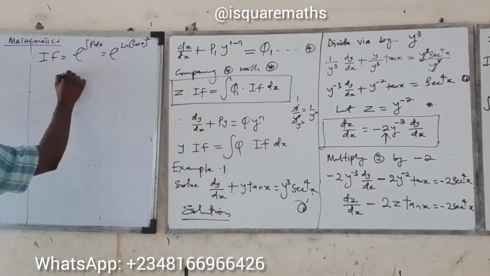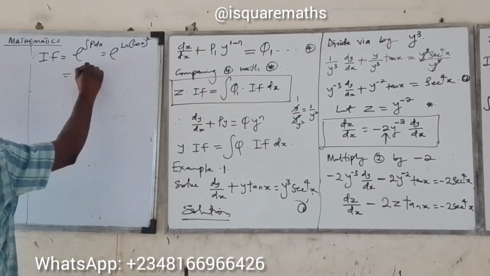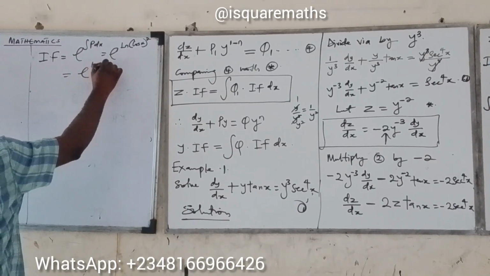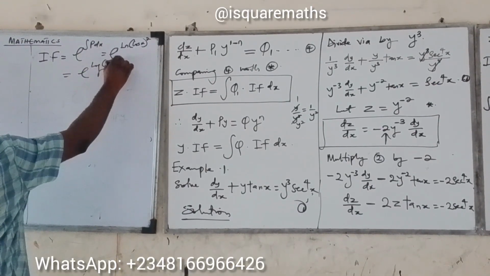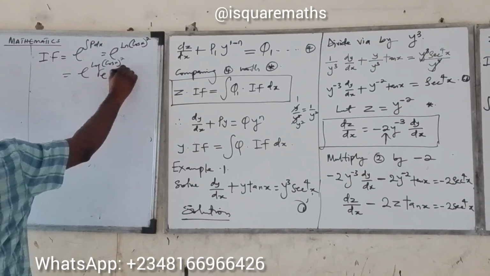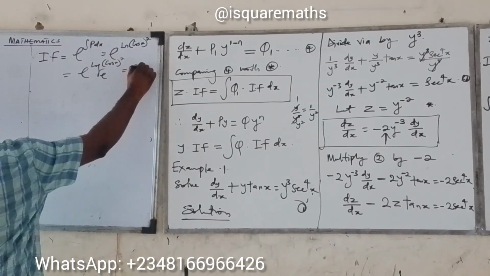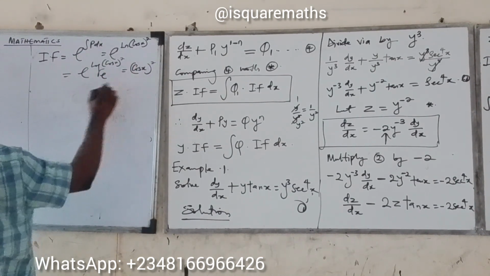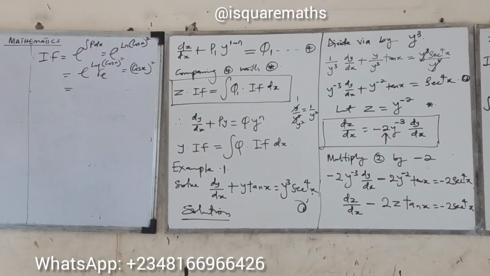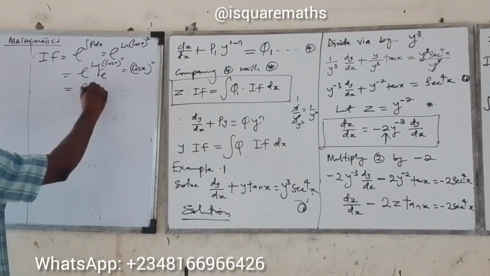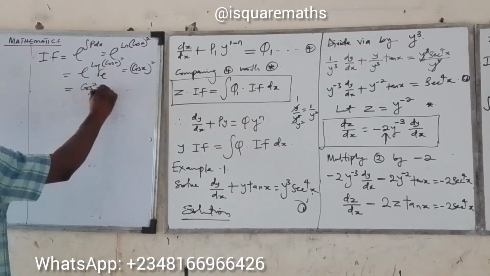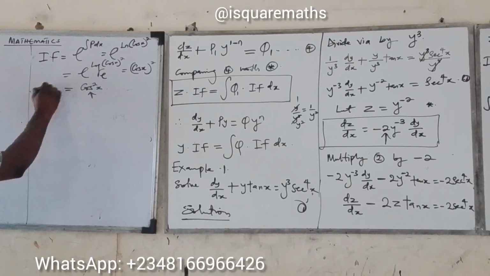So the whole of this will be e raised to the power of ln cos x all squared, and the e and ln cancel, which gives us cos x all squared. Of course, cos x all squared is the same thing as cos squared x. Now this is the integrating factor.